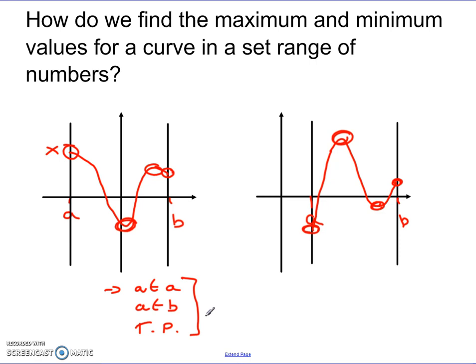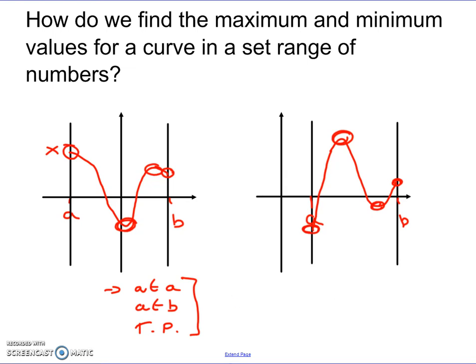When we're doing that, we have to ask ourselves three questions. What's the value at a? What's the value at b? What's the value at the turning point? All for the y part of the coordinate. Then I'll look and see which is the highest and the lowest. That'll give me the maximum and minimum values for my curve in that range.